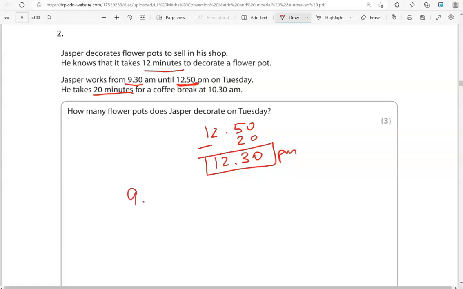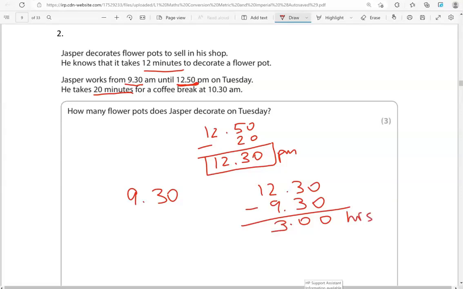So if he starts at 9:30 and he finishes at 12:30, he will have worked for 3 hours. Twelve take away 9 is 3. So 3 hours of work.